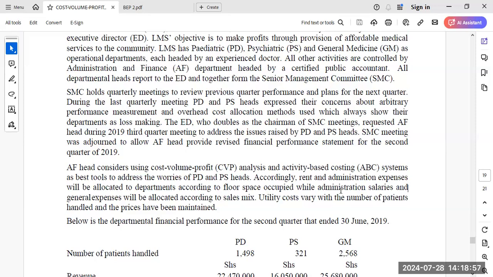Then administration salaries and general expenses will be allocated according to sales mix. We know that allocation comes in when we are applying activity-based costing. That's when we need the cost driver. And the cost driver helps you to get the activity rate. So it means that we need the activity rate first.